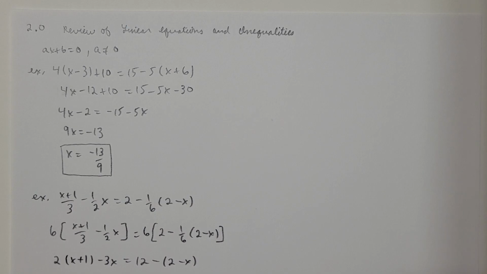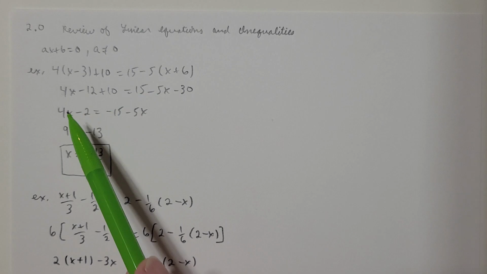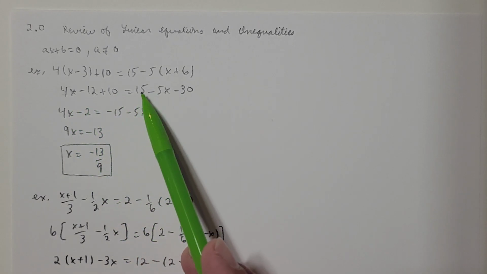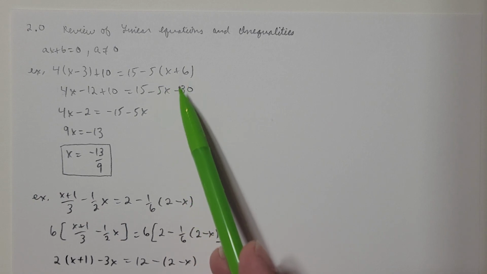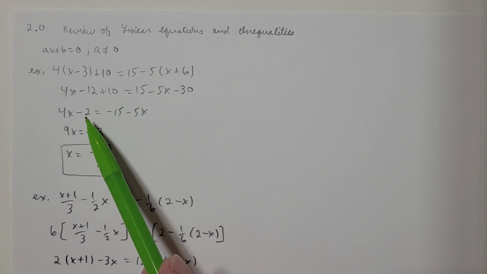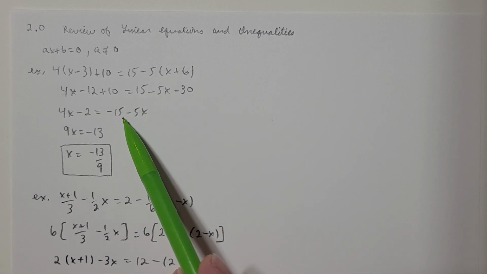Okay, but so to solve for x, let's distribute 4 and then distribute the negative 5 there. So it'll be 4x minus 12 plus 10 equals 15 minus 5x minus 30. Negative 12 plus 10 is negative 2, and 15 minus 30 is negative 15.